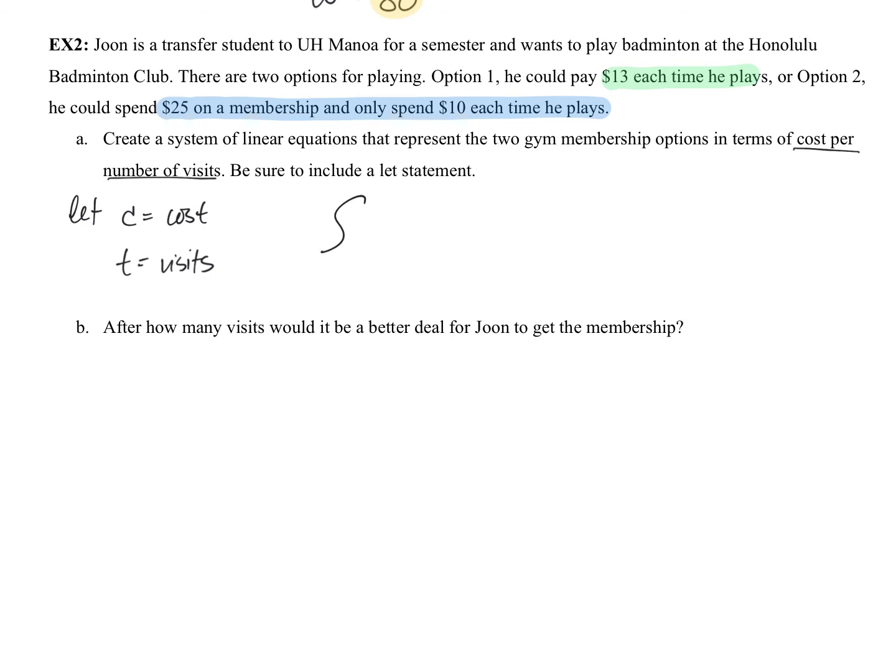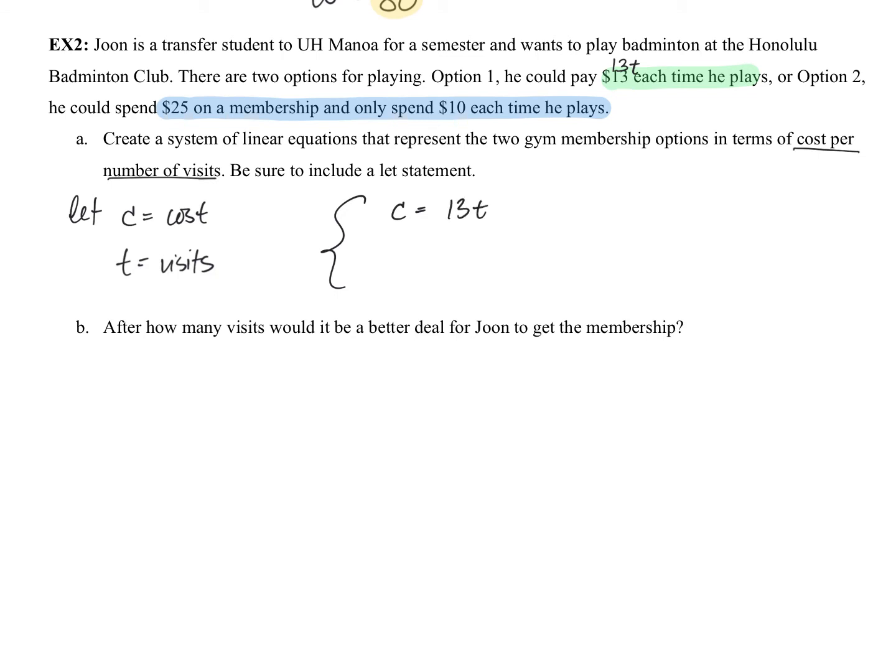Alright, so the 2 equations. Well, the first gym membership, that would be the cost is going to equal 13 each time he plays. So if he goes once, that's $13. If he goes twice, that's 2 times 13. So it's basically 13 times the number of times he goes, which would be 13t. So C equals 13t.